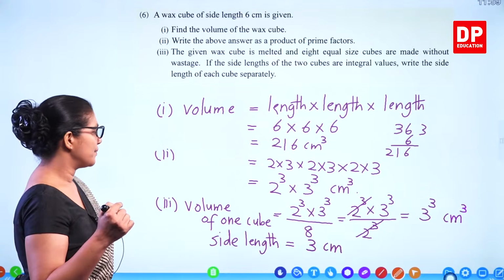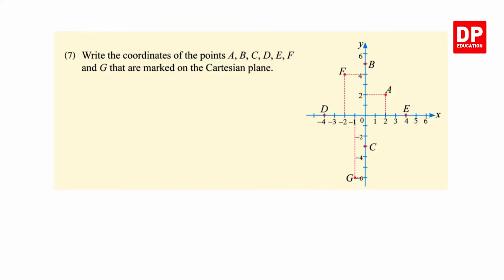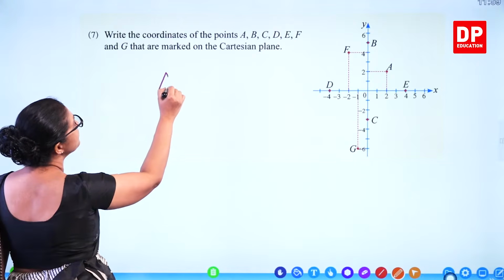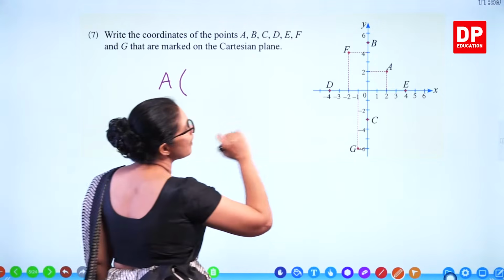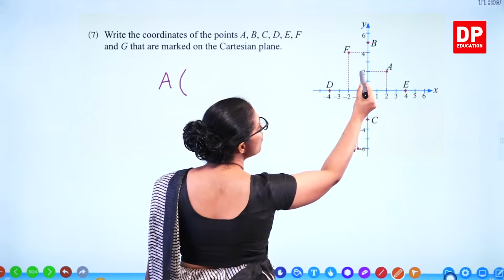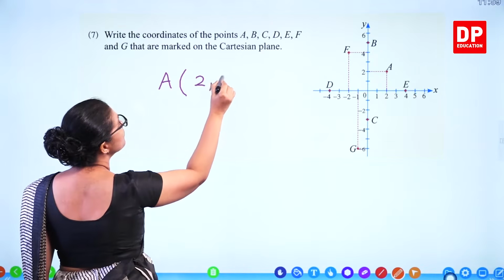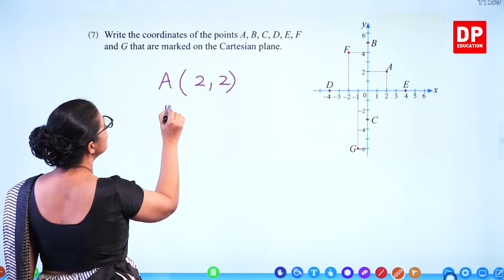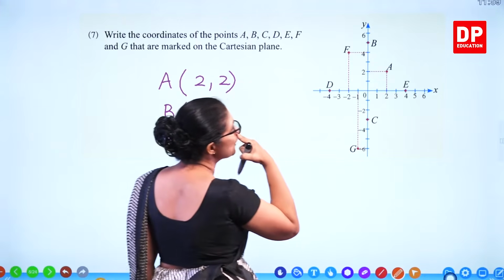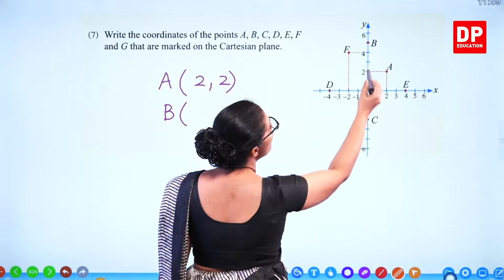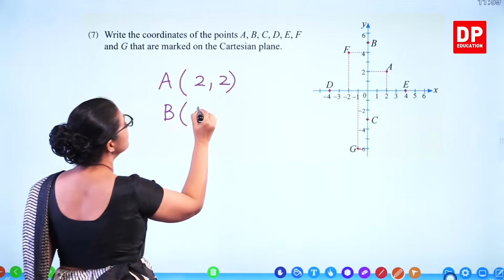Write the coordinates of the points A, B, C, D, E, F and G that are marked on the Cartesian plane. So we'll write down what's A. A is 2 with 2. B, what's B? 0 with 5.